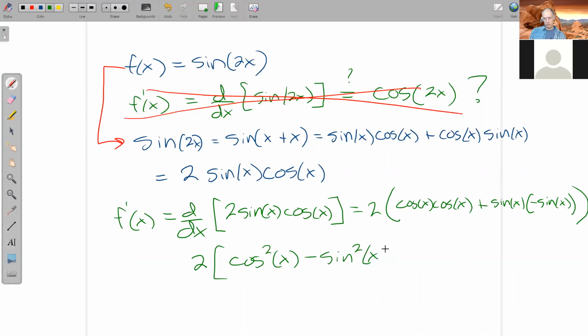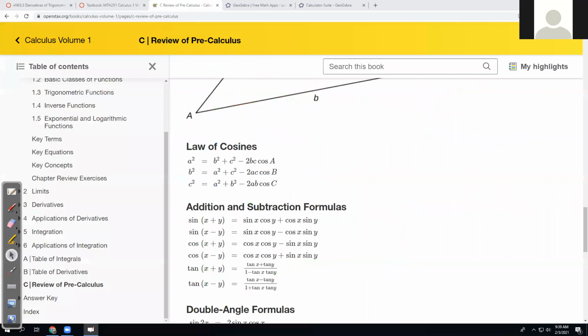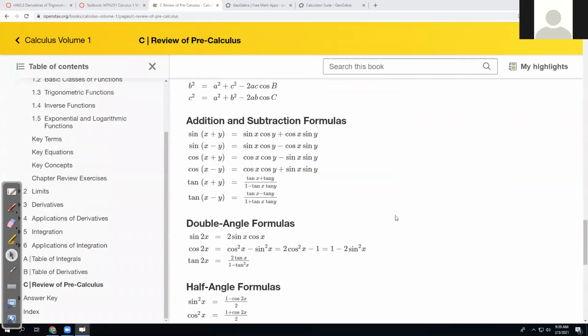And that looks familiar. Anybody recognize this right here? Any takers on that one? All right, let's go check our, I'm pretty sure I just saw that on that trig cheat sheet here. Yeah, check it out.